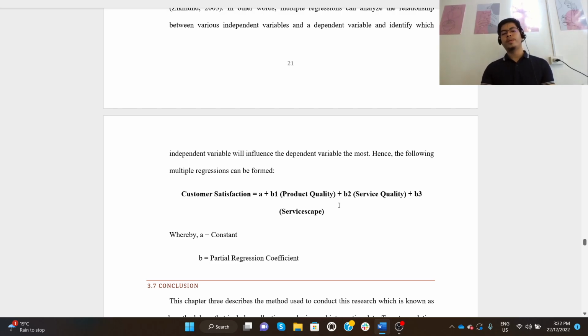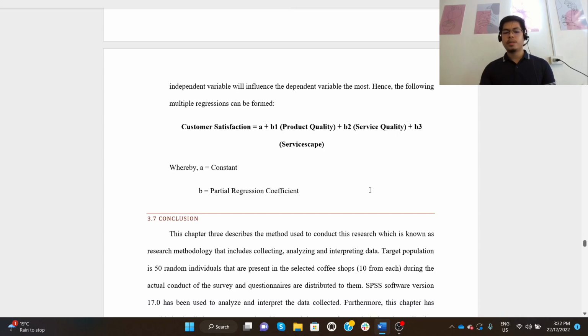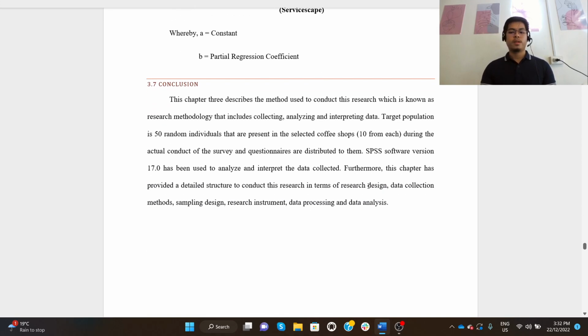Hence, we have the following multiple regression formula. Customer satisfaction equals A plus B1 for the product quality plus B2 for service quality and B3 for servicescape, whereby A is the constant and B is the partial regression coefficient.